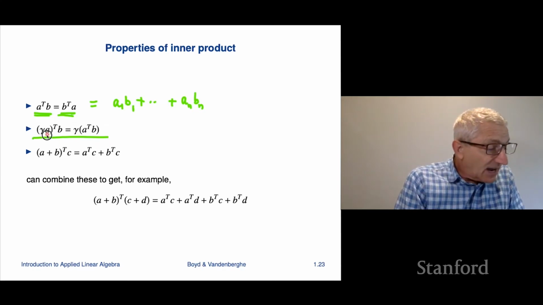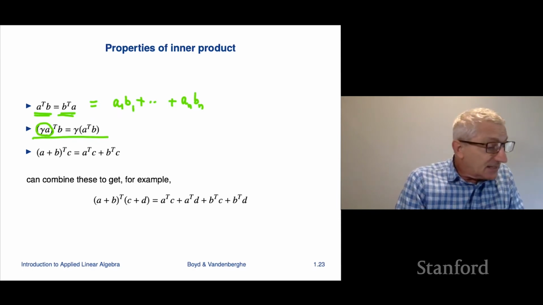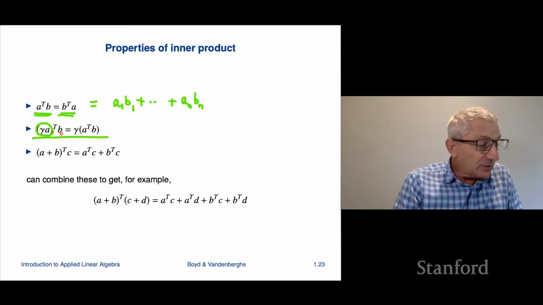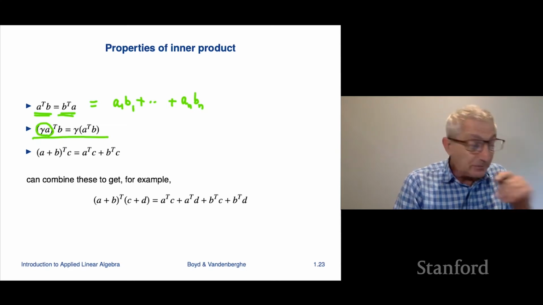And so what is inside those parentheses, that's a vector, that's an n-vector. And this says take the inner product of that n-vector with the vector B. That's the left-hand side. So the left-hand side is a number because when you take the inner product of 2 vectors, you get a number.